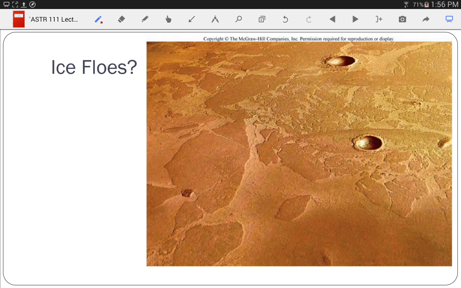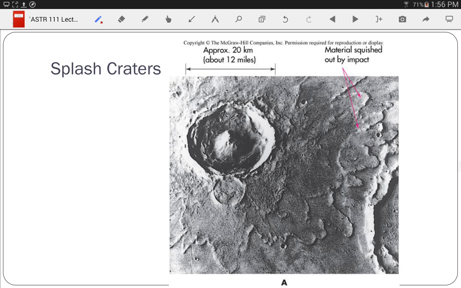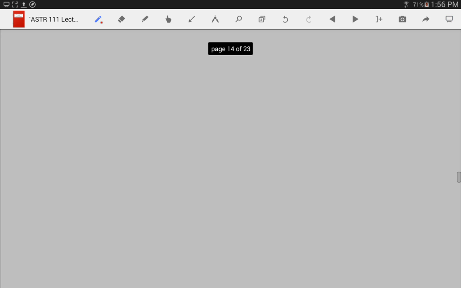Here we have things that look more reminiscent of ice flows, and I know ice flows is spelled differently than flow of water. We have here things that look like splash craters. See this action out here? That looks like you had some kind of liquid that splashed out.